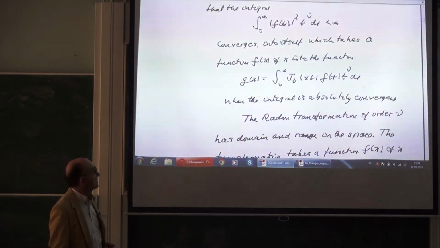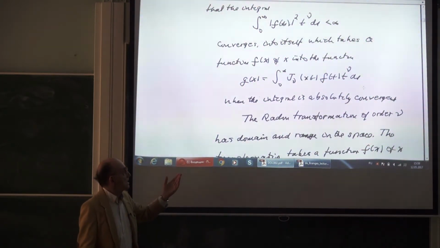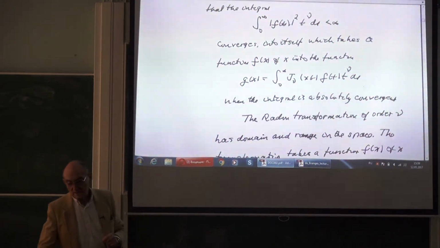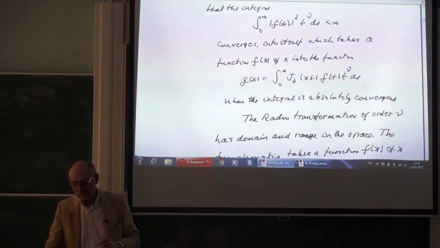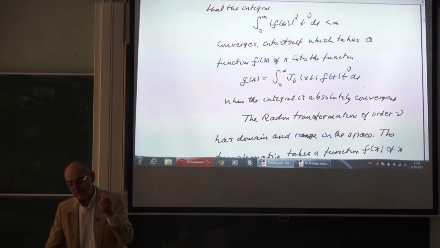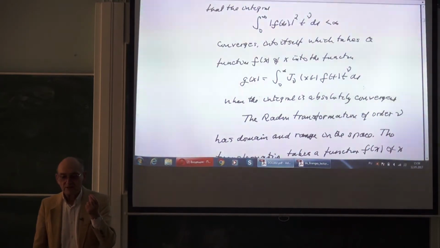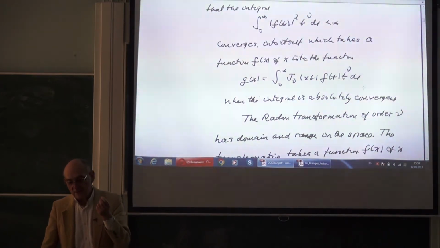And when I write the Hankel transformation, it's not quite the same as the Fourier transformation. In the Fourier transformation, you would have i to the nth power multiplying the integral, and that constant of absolute value 1, I just omitted, because if you do that, the Hankel transformation is its own inverse.